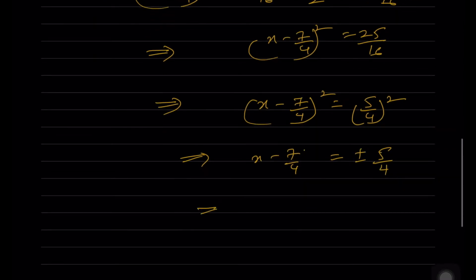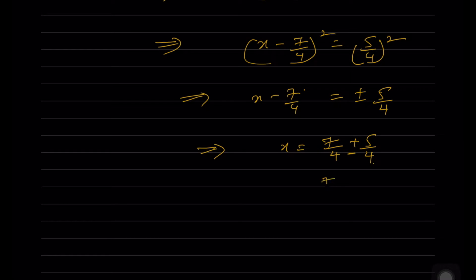So which implies x is equal to 7 by 4 plus or minus 5 by 4. So you can get here 7 by 4 plus 5 by 4, comma, 7 by 4 minus 5 by 4. So getting the values of x as 12 by 4 and 2 by 4, which implies 4 3s are 12 and 1 by 2.